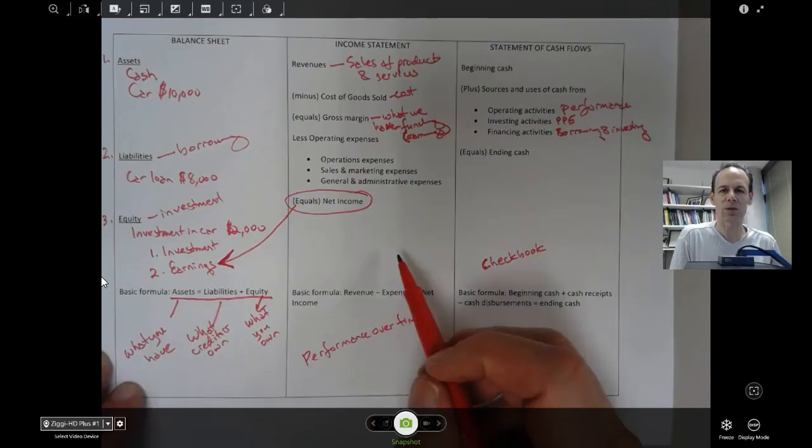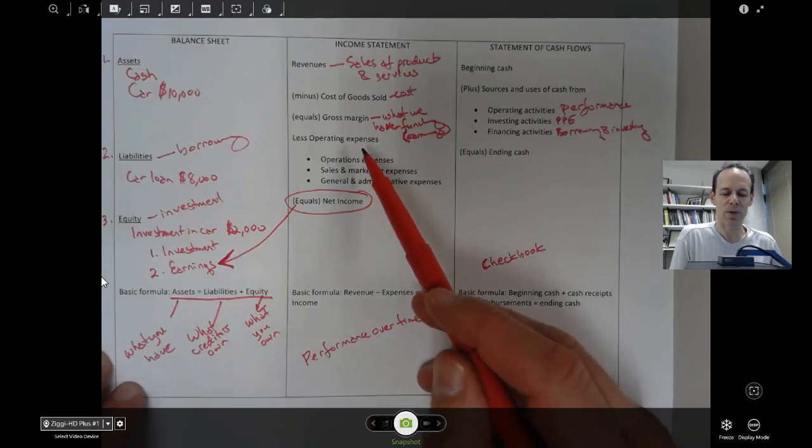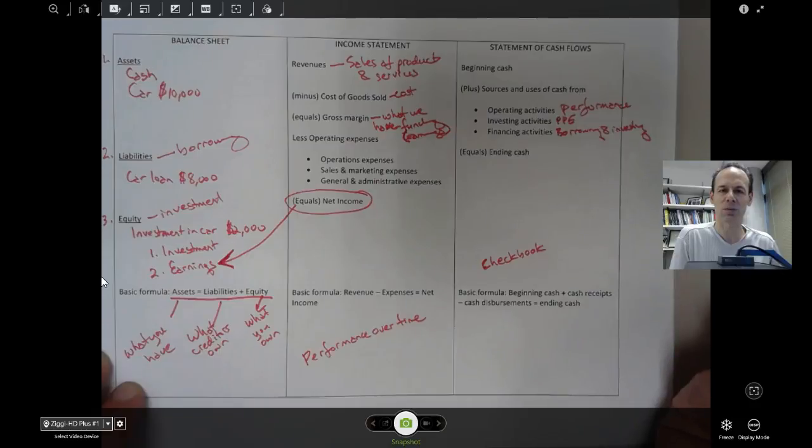Whereas the income statement shows performance over time. It doesn't necessarily show the receipt and disbursement of cash. That is based on the terms associated with how the organization functions in association with collections from customers, payments to vendors, and so on and so forth. But what the income statement shows is performance in which we attempt to match expenses during the period to the revenues generated during that period of time.